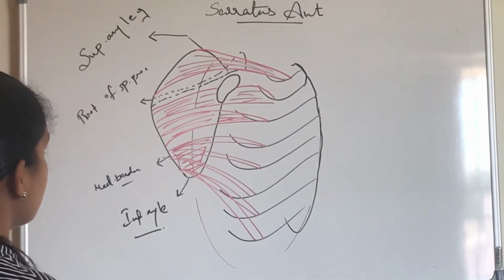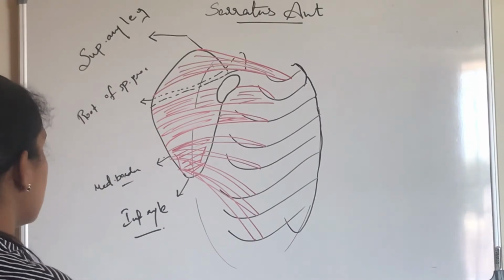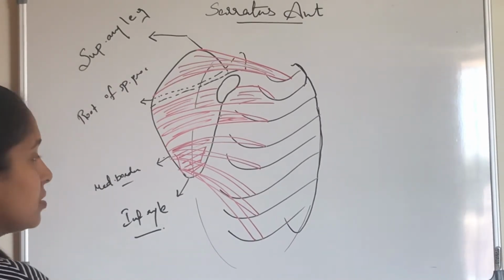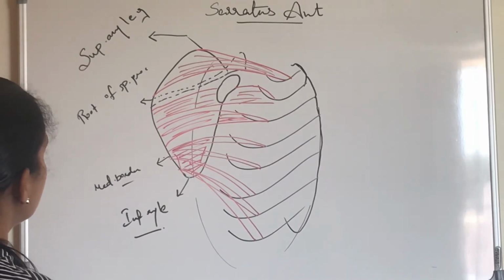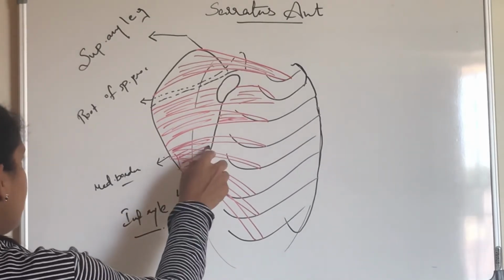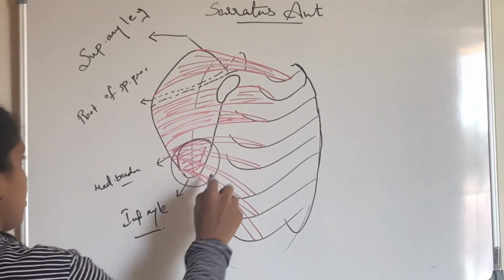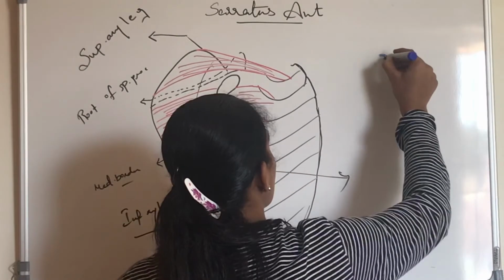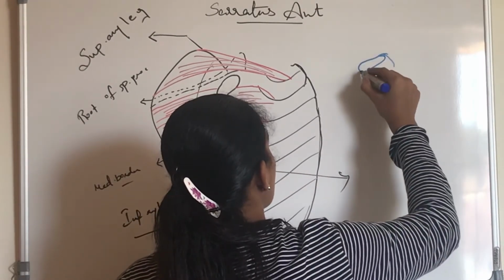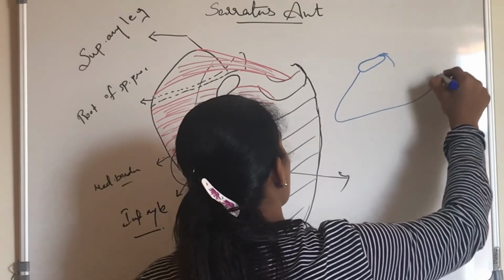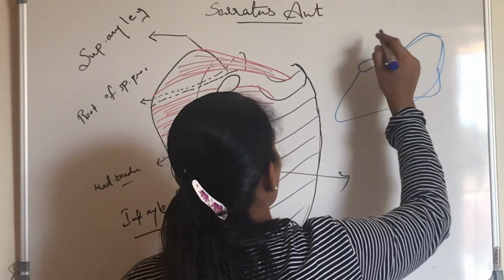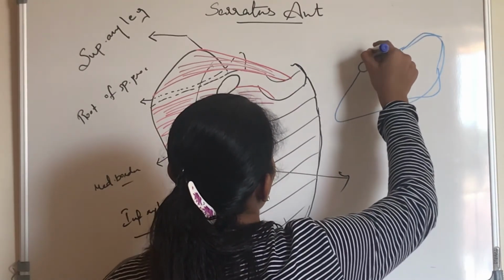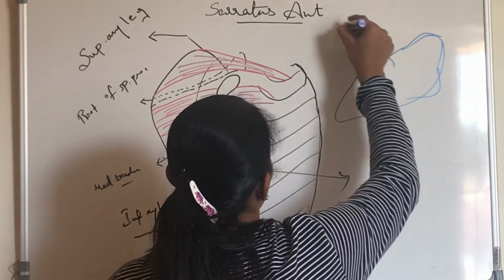What is the action of the serratus anterior? So it keeps the scapula forwards, pulls the scapula forwards. When the fibers attached to the inferior angle contracts, the glenoid cavity of the scapula rotates upwards. When the scapula rotates upwards, obviously the humerus has to abduct.